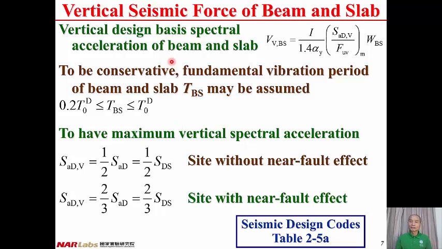The vertical design spectral acceleration of the beam and slab has to be determined with the information about the fundamental vibration period of the beam and the slab. The fundamental vibration period in the vertical component of the beam and the slab can be determined by eigenanalysis or structural analysis.